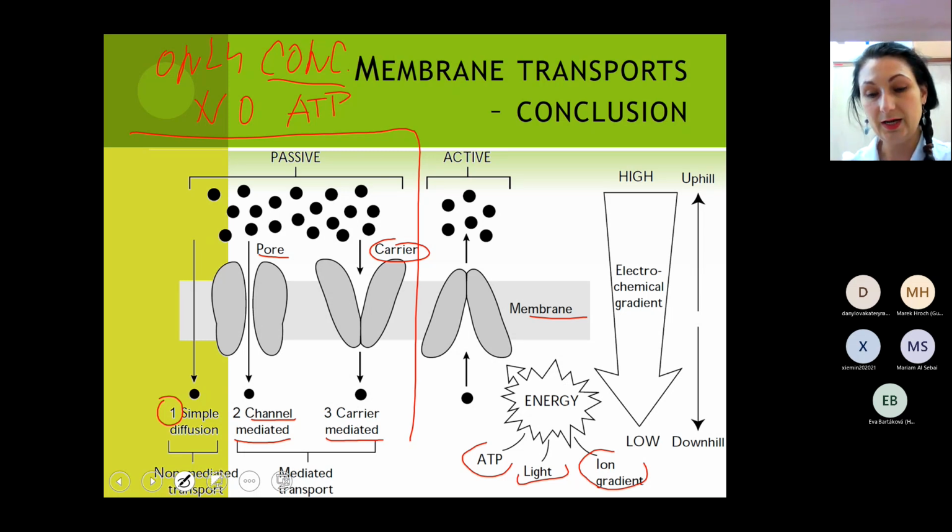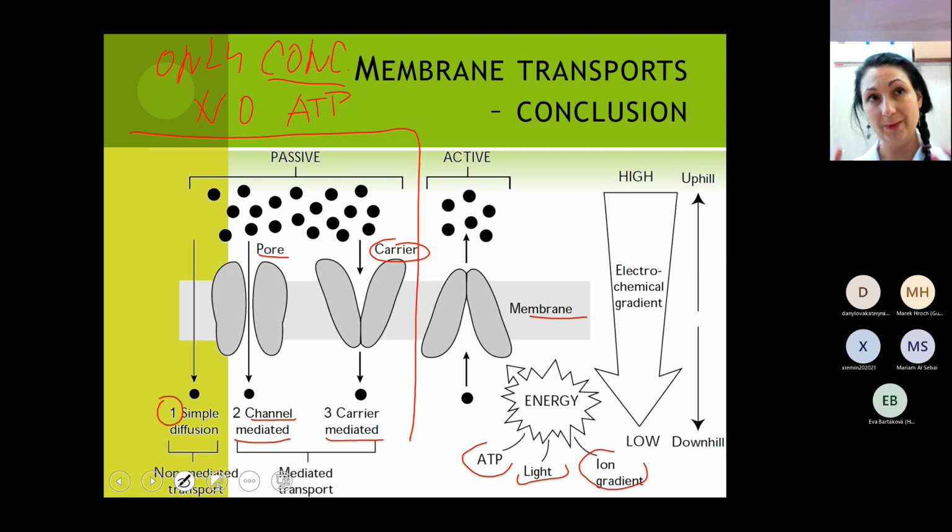It means that I am using the electrochemical gradient of some different particle to move other particles against their concentration gradient. For example, during oxidative phosphorylation in mitochondria, the creation of ATP, we are using the gradient of protons, H plus, to phosphorylate or synthesize the ATP molecule.